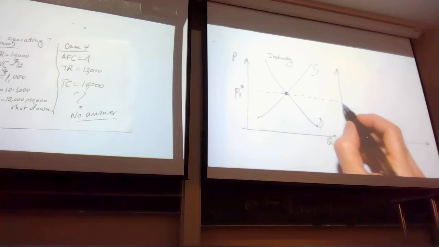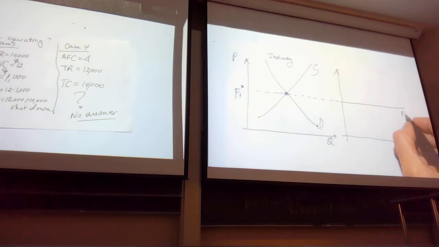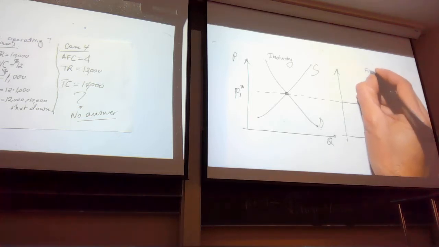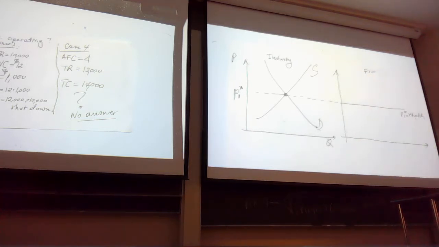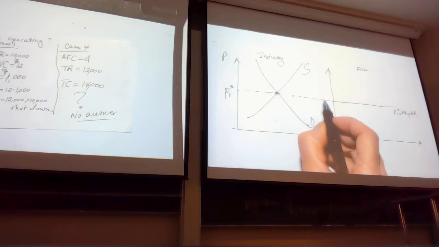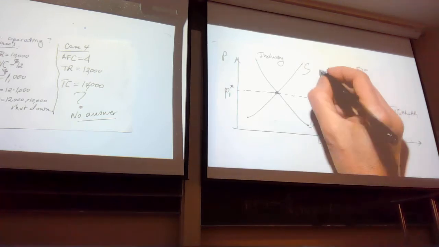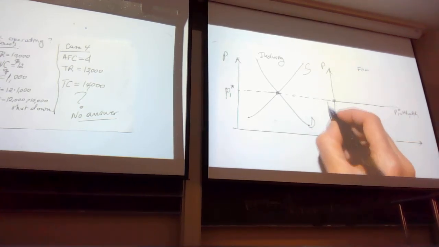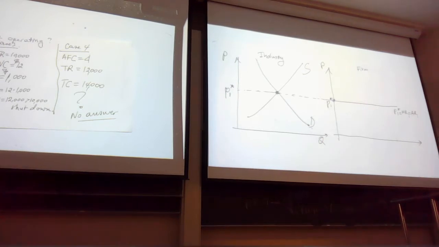So this P1 star becomes the marginal revenue curve, average revenue curve for any firm, competitive firm. So the competitive firm says, what's the price I can sell my good at? I'm a price-taking firm. This price is given to me. Here it is. It's P1 star. That becomes my marginal revenue, average revenue curve. I have no control over that.